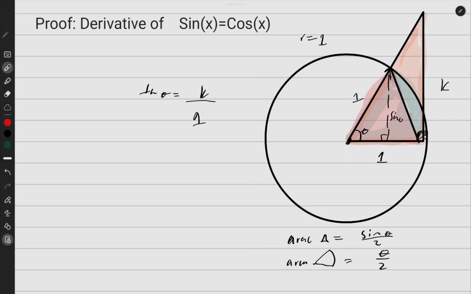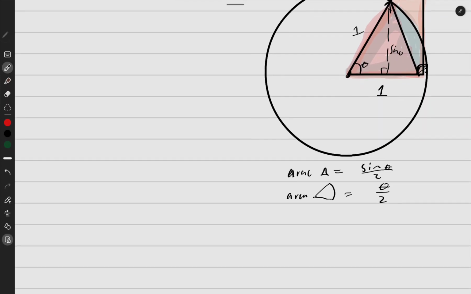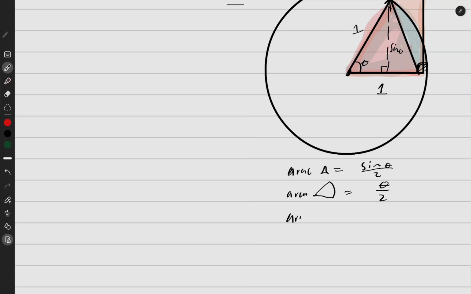So we now know the height is tan theta. The area of the big triangle is half base times height, and the height is tan theta, so this simply says tan theta divided by 2.